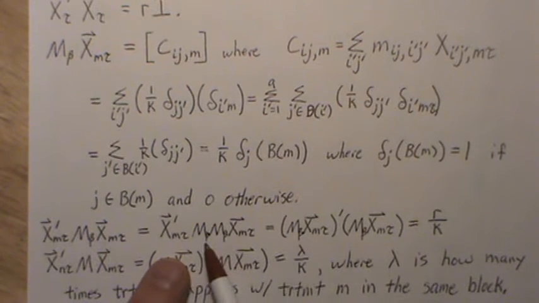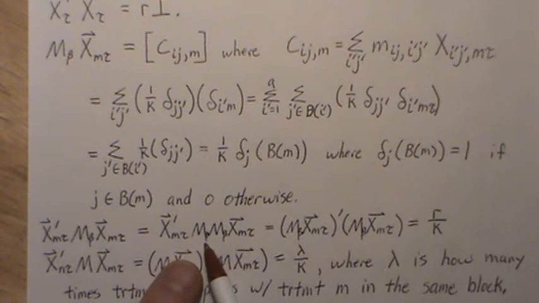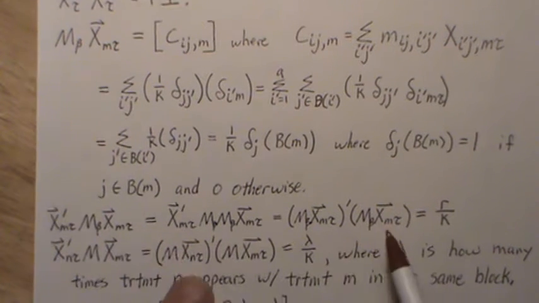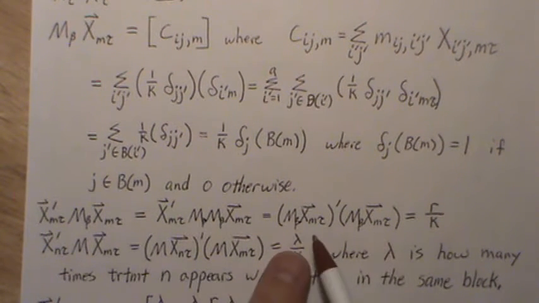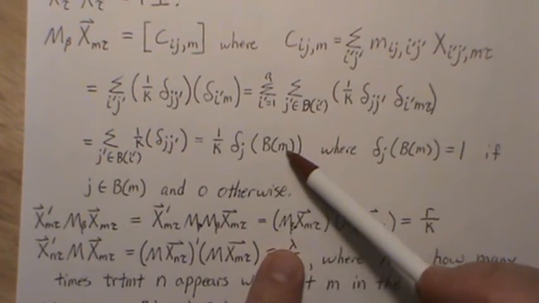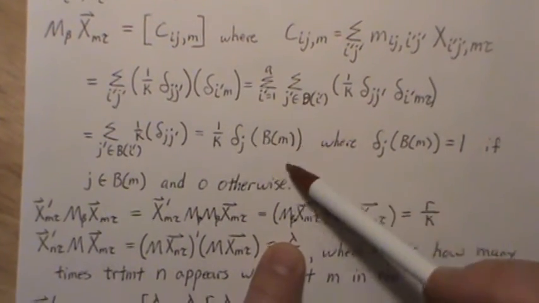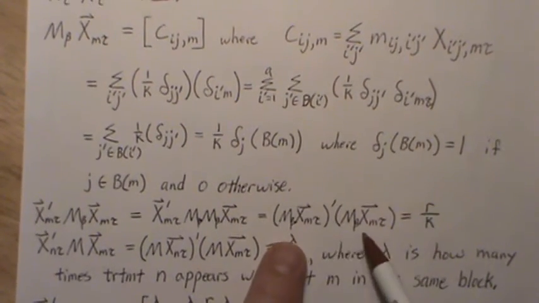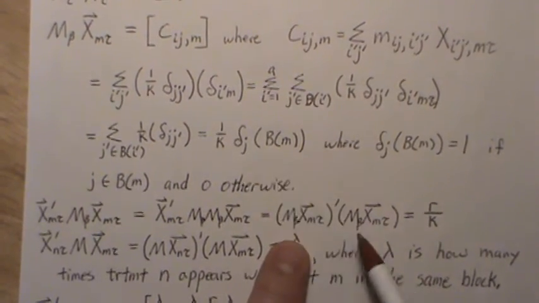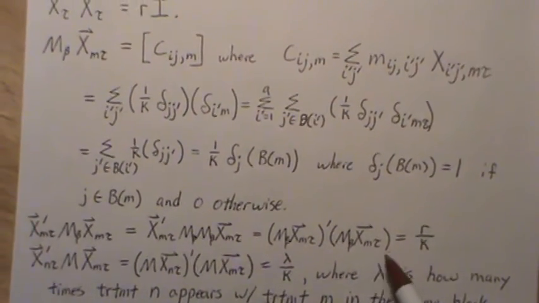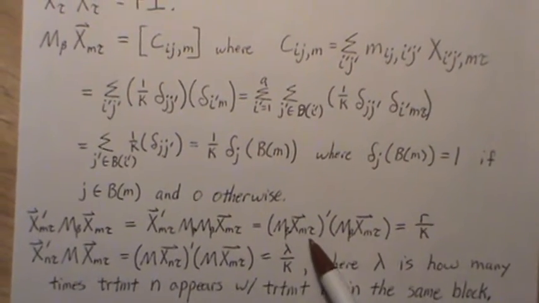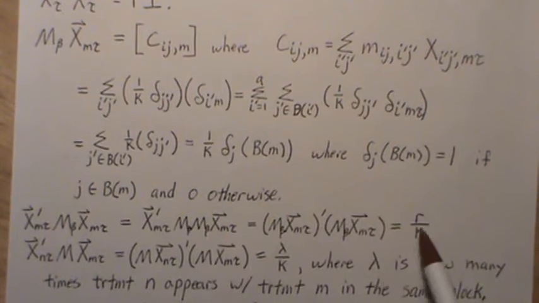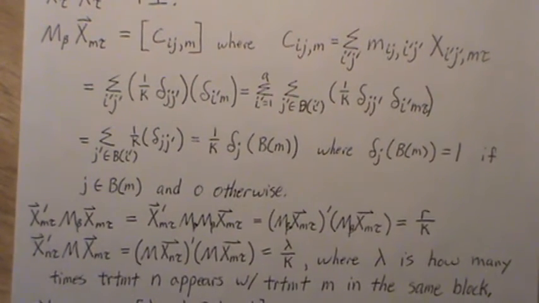M is idempotent, so m is m times m. And now a vector, you get squared things. And we said this was 1 over k times this delta j. And so this represents R. It's the number of times the treatment is replicated. And so that's where we get this R.